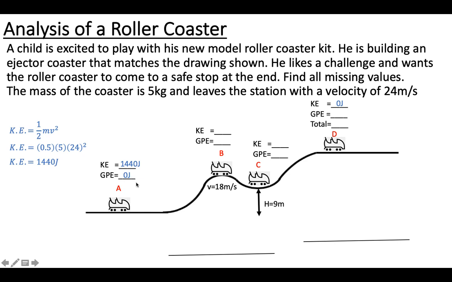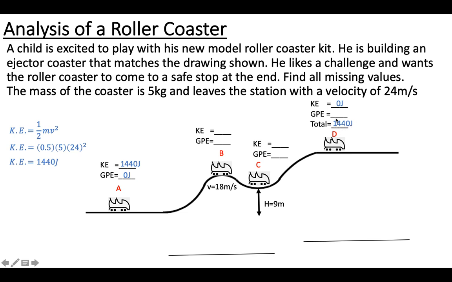Now notice, if the potential energy is 0, then when you add these together, it doesn't change. It's 1,440. So that's our total. So I'm going to go ahead and put that in our total spot over here at the end. 1,440 joules. That's our total. Okay.